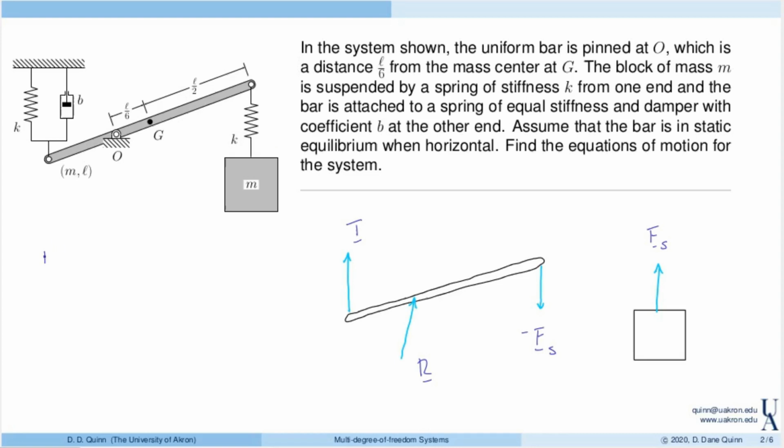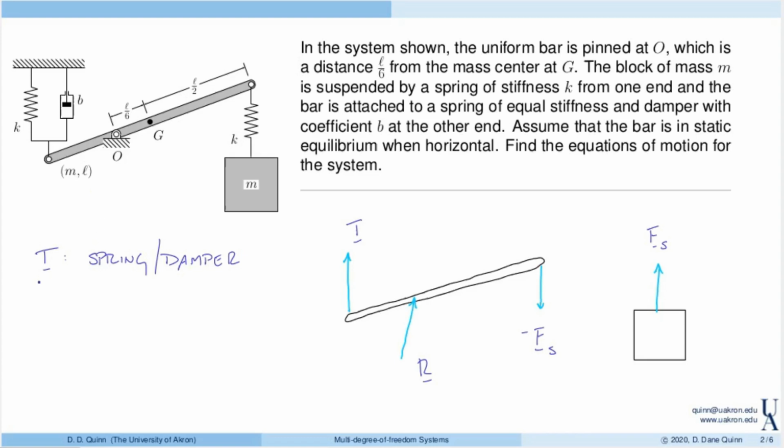Right? So here, T is the spring damper force on the left. This force will be defined by constitutive relationships between the force and the displacement across the spring, as well as the velocity across that damper.